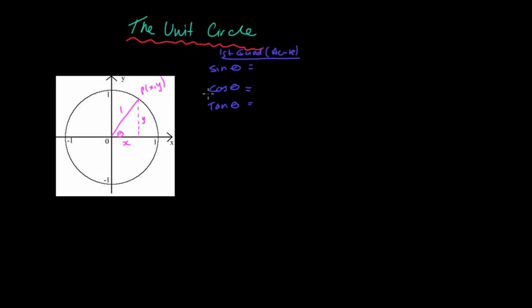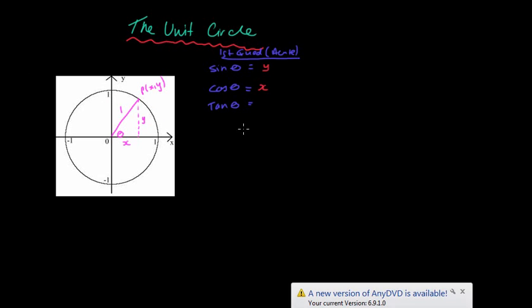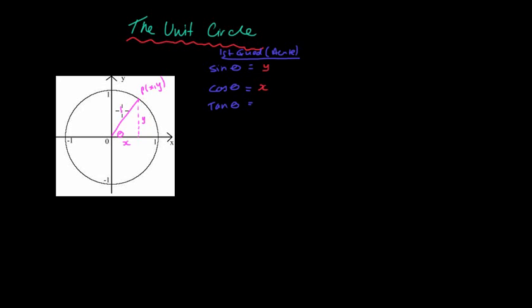So sine theta equals y over 1, which is simply y. Cos theta is adjacent over hypotenuse, so x over 1, or just x. And tan theta is y over x, which I can't really simplify any further.